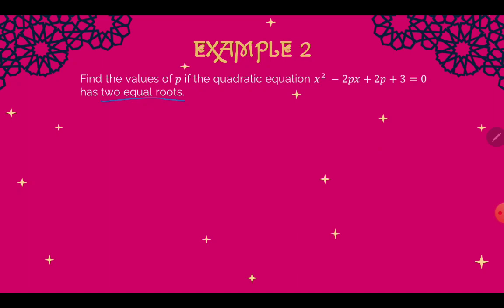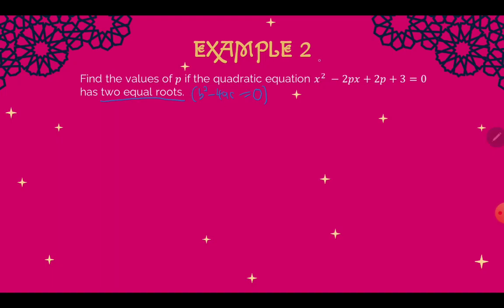Remember, when we talk about type of roots, we need to relate it with the value of the discriminant. When we talk about two equal roots, the discriminant should be equal to 0.